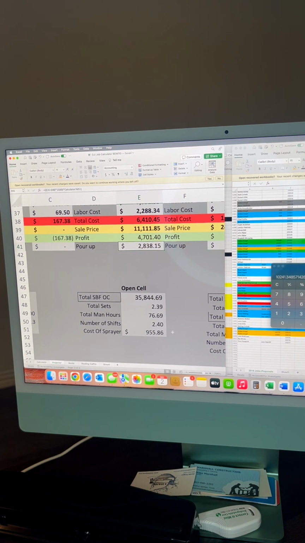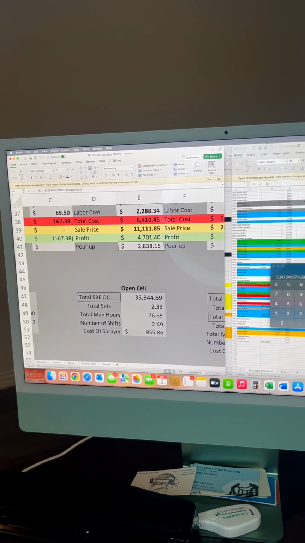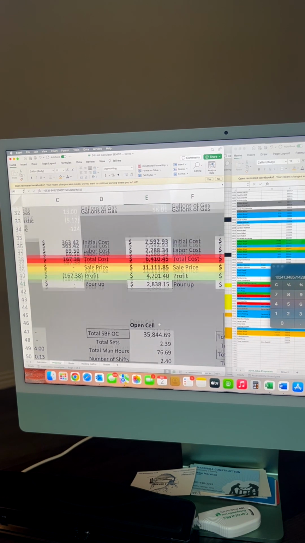Everything's pretty accessible. 3 days would be pretty aggressive, so you could block off 4 days, and that's with one sprayer. If you put 2 rigs on it, you could probably get through it in 3 days. So I would say about 3 days for this project.